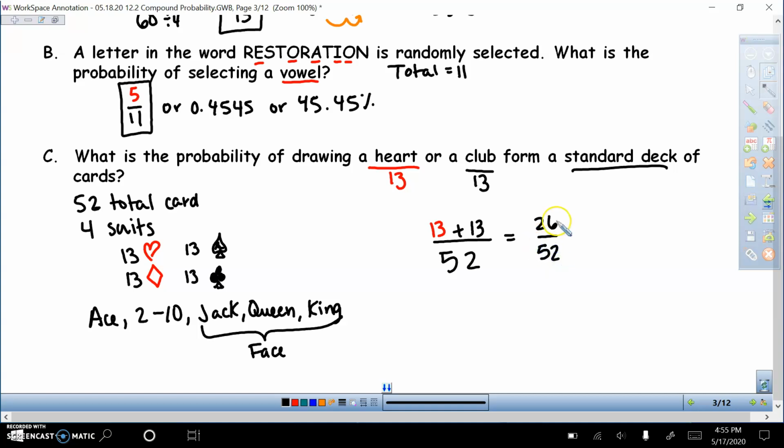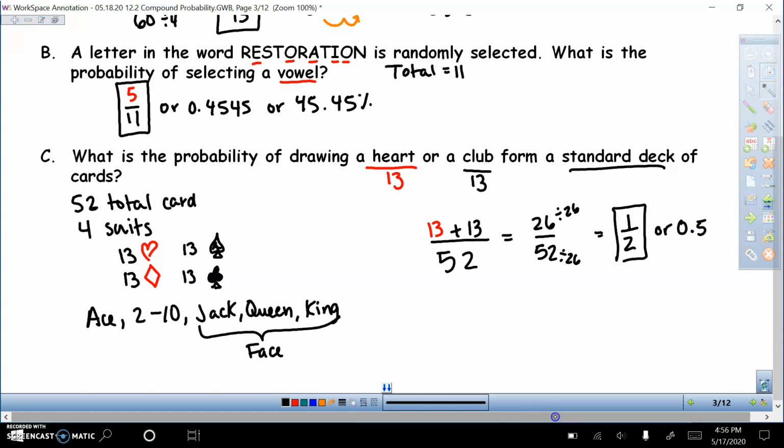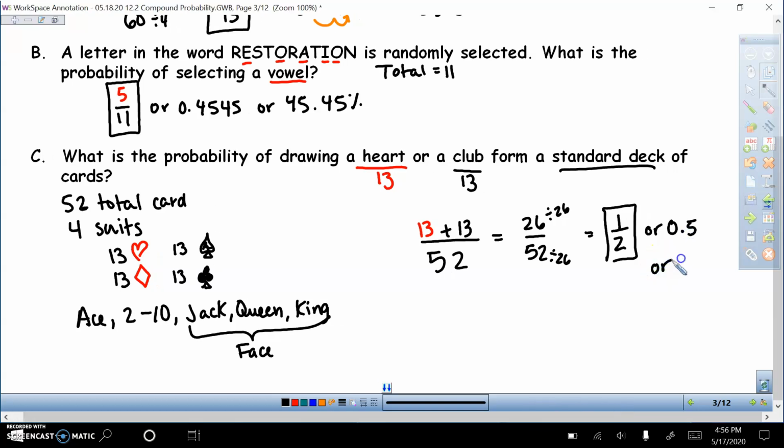That fraction simplifies. Both the top and the bottom are divisible by 26. So I have a 1 out of 2 chance of drawing a heart or a club, or as a decimal would be 0.5. And then as a percent, it would be 50%.